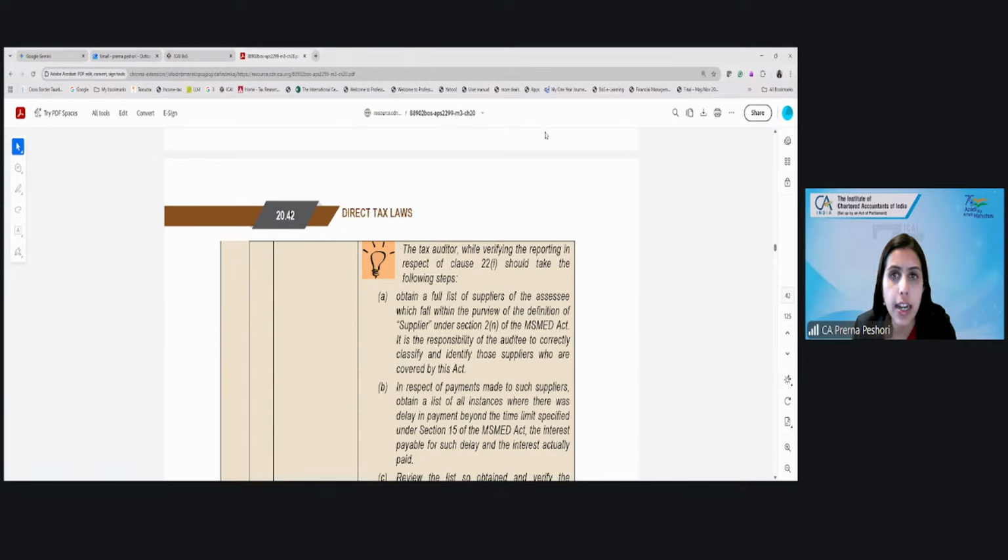44 AB, yes, that's right. 1 crore, yes, that's correct. Then 3 crore, yes, that's correct, in case of the digital payments or non-cash payments, non-cash expenditure. Yes, what else?